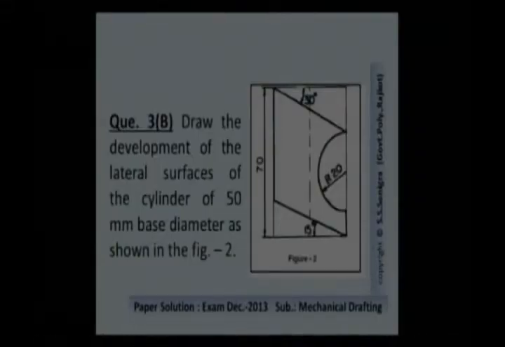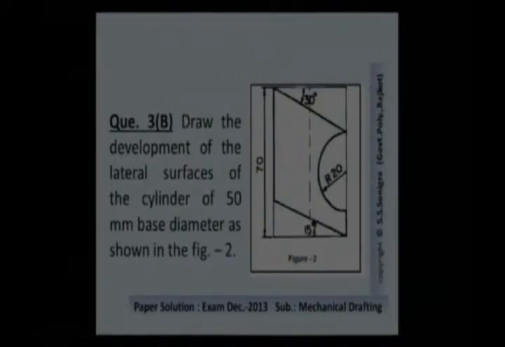Draw the development of the lateral surface of the cylinder of 50 mm base diameter as shown in figure 2. Here the figure is shown like this, and we have to draw the development of the lateral surface of the given cylinder.